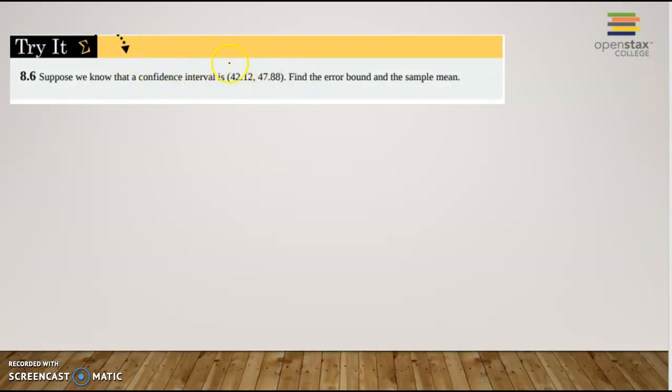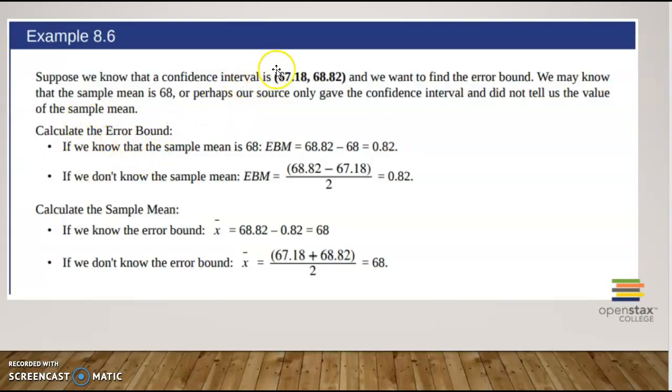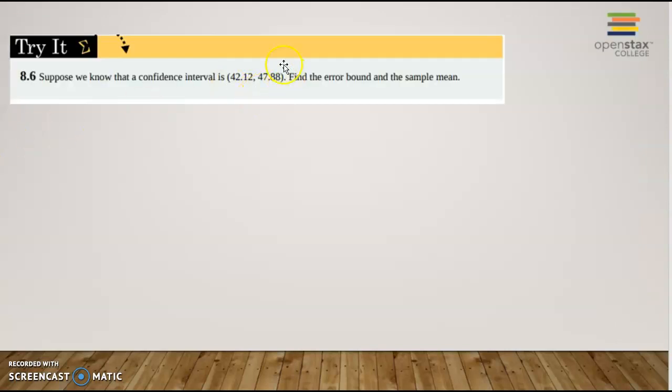Suppose we know the confidence interval is 42.12 to 47.88. Find the error bound and the sample mean. Now remember, all we have is the confidence interval, so we do not know the sample mean. So you are going to subtract this one minus this and divide by 2. That's exactly what we're doing here. 47.88 minus 42.12 divided by 2 is going to give us our error bound.